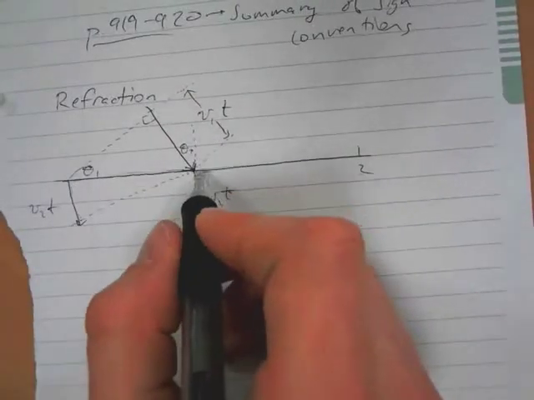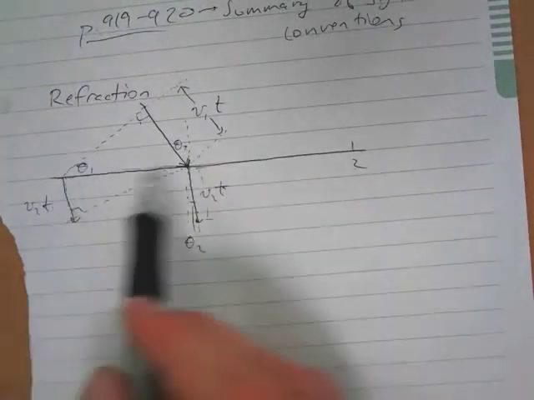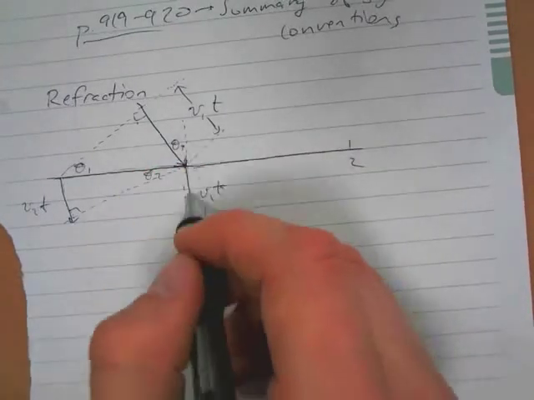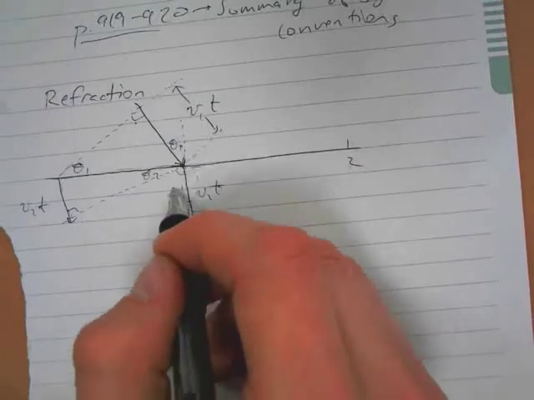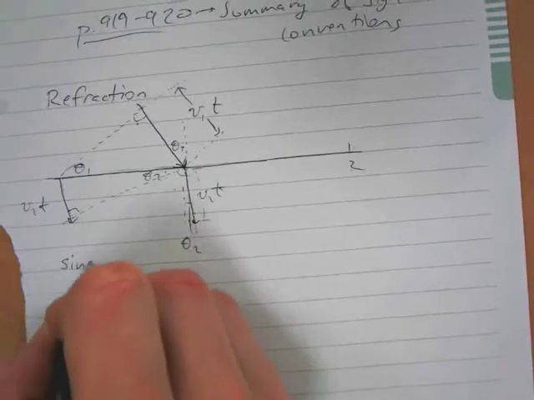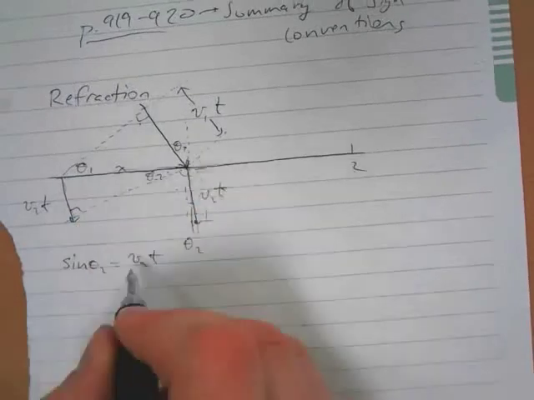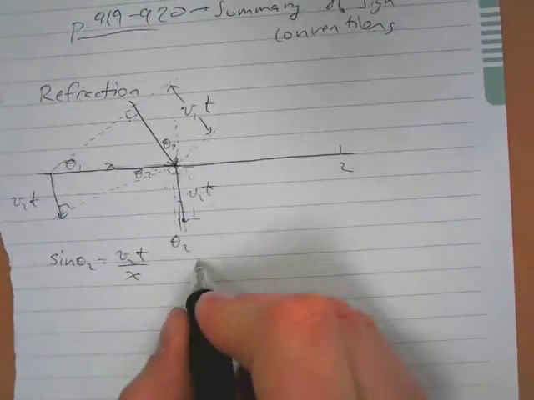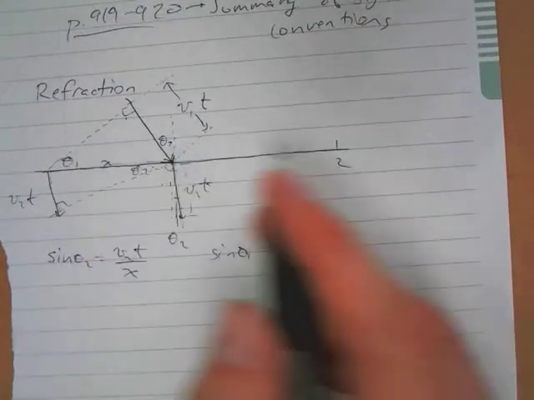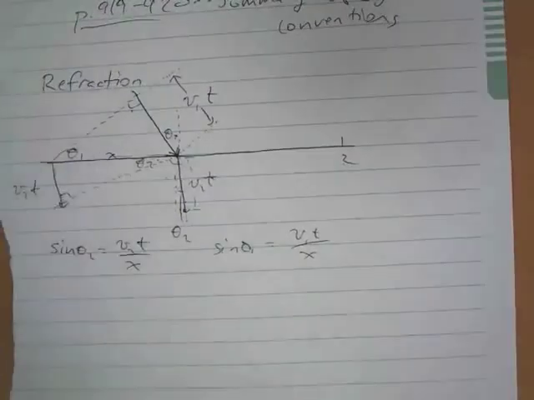and this right here is a right angle. So this side of the two triangles is shared, and by similar triangles, this, again, is theta 2, because this is a right angle, which means that this is the complement of theta 2, which means that this is theta 2 again. So if we look at our triangles, the sine of theta 2 is equal to v2t over, whatever that side is. Meanwhile, the sine of theta 1 is equal to v1t over, again, whatever that side is, x.